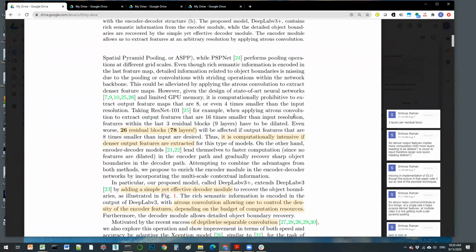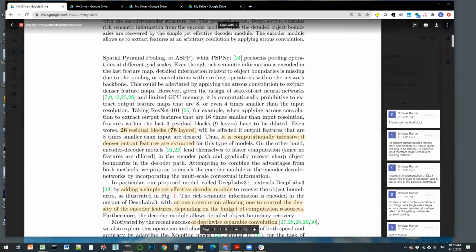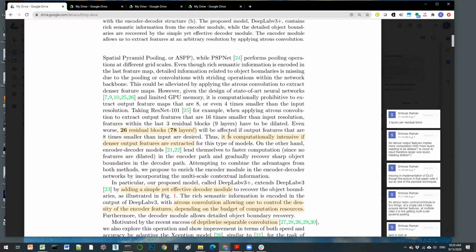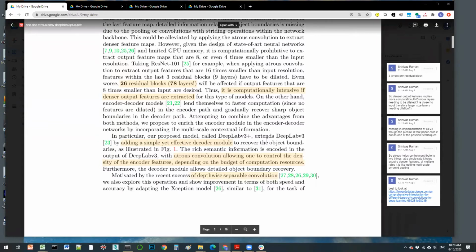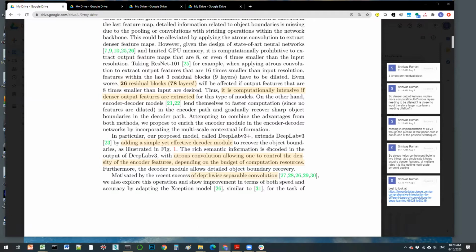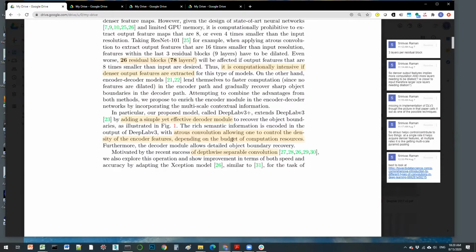So they point out how much computation you need when you want to keep denser output features. Separately, they add the decoder module to recover the specifics of the object boundaries, using Atrous convolutions at different rates. The Atrous convolution helps you keep the computation budget reasonably small. And then there is this depth-wise separable convolution. Have people looked at depth-wise separable convolution, or should we defer that?